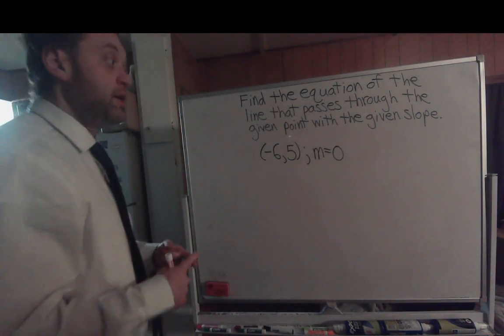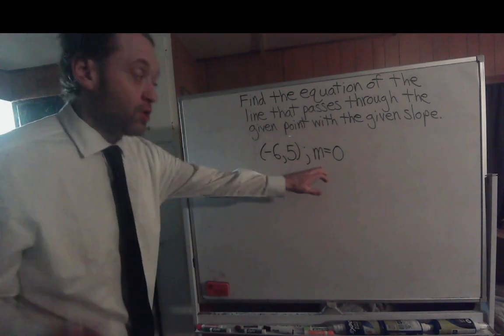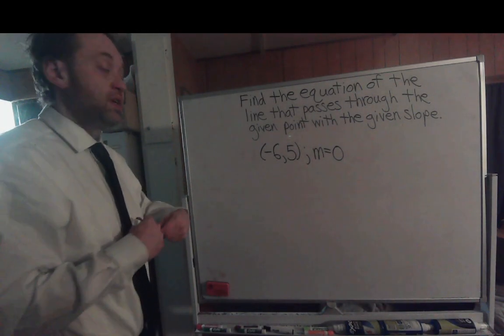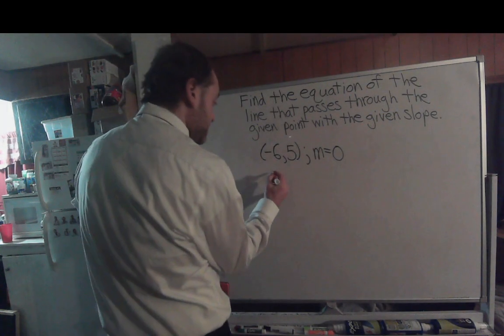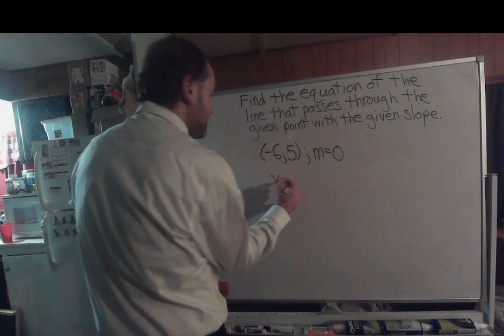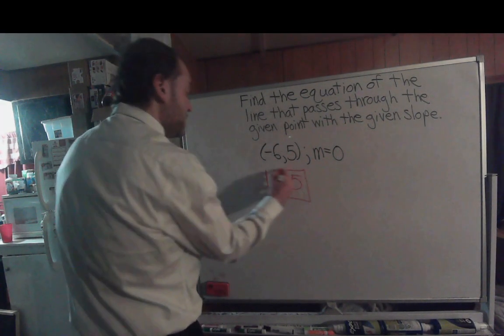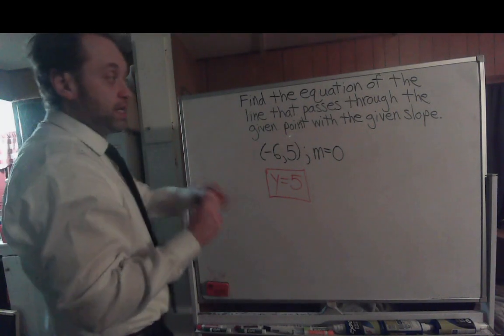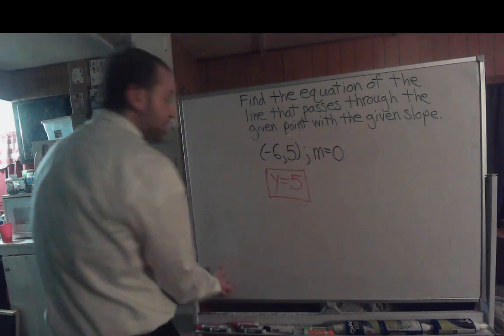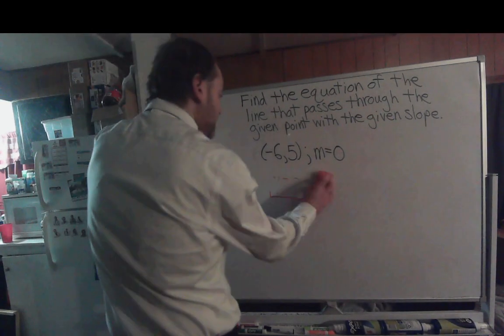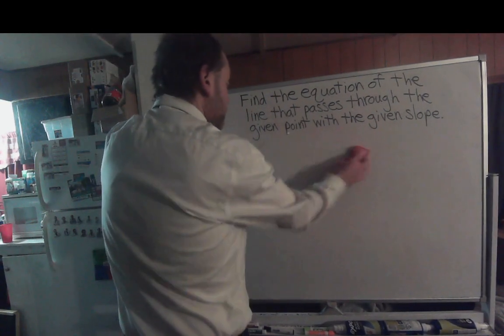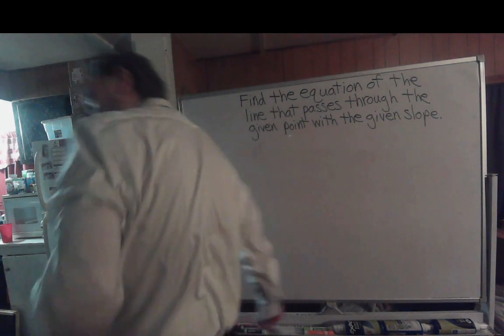Remember HOY: horizontal line, 0 slope, y equals. So with a 0 slope, you're just going to take y, set that equal to the y-coordinate, which would be 5. So the equation of the line you should get is simply y equals 5. If you remember HOY, that makes your life a lot easier. Part of the whole VUX-HOY acronym.